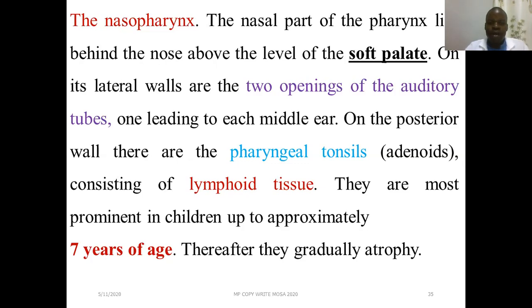These are the lymphoid tissues which undergo inflammation when someone has an infection of the pharynx, the soft palate becoming reddish in color because of the infection. That's what makes people present with the tonsils. It is the involvement of the soft palate which undergoes inflammation due to the presence of infections.